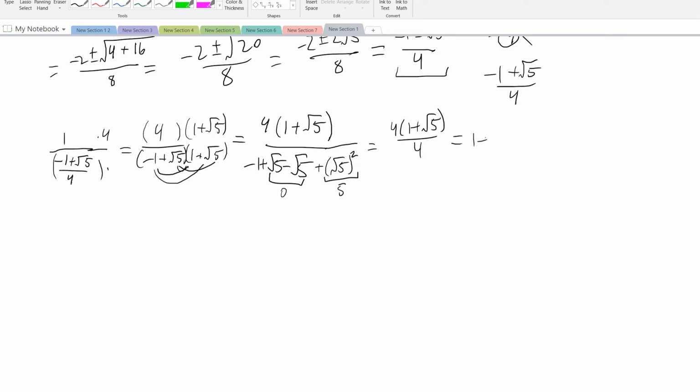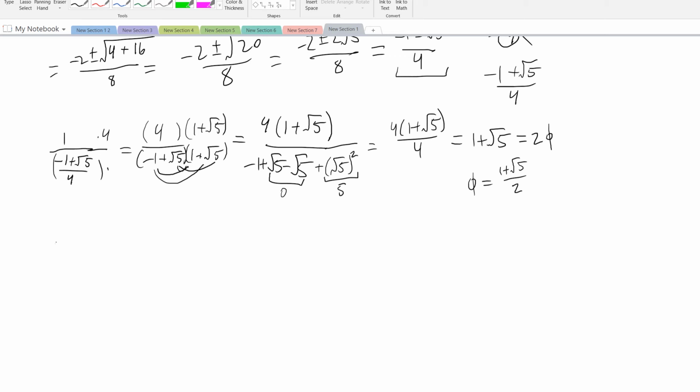And so we get 1 plus the square root of 5. But those of you that know what the golden ratio is, know that the golden ratio, phi, is 1 plus the square root of 5, over 2. And so this is equal to 2 times the golden ratio.